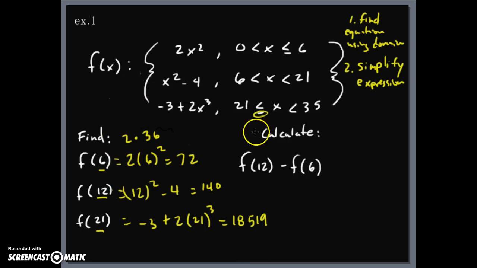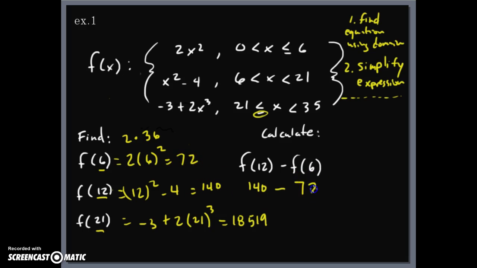And now this second part is asking us to calculate. So this second part, which is the calculating part, all this is really saying is the output of f of 12, or the output for the input 12, which we know is 140, minus the output for the input 6. Well, the output for the input 6 was 72.